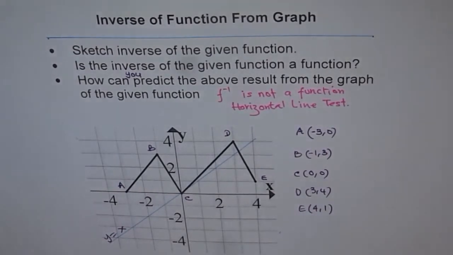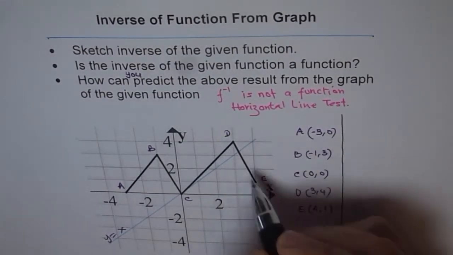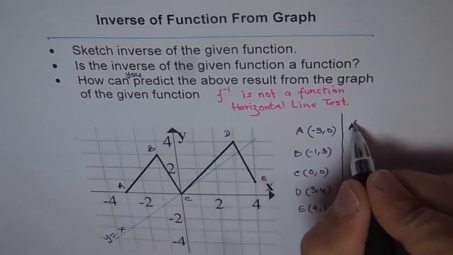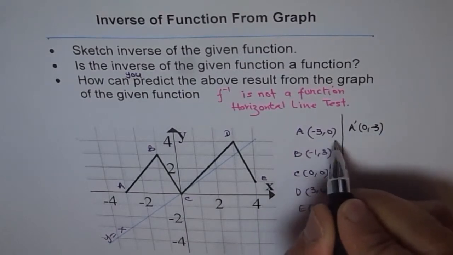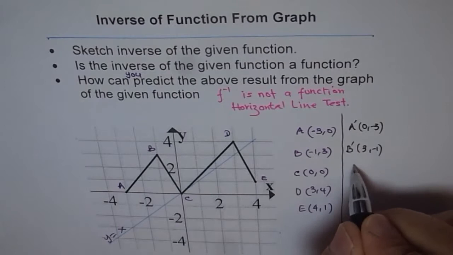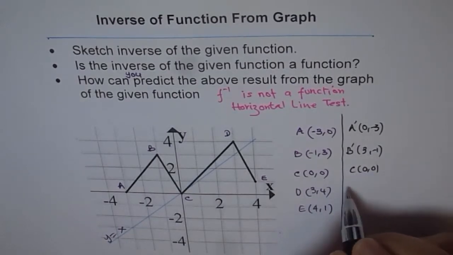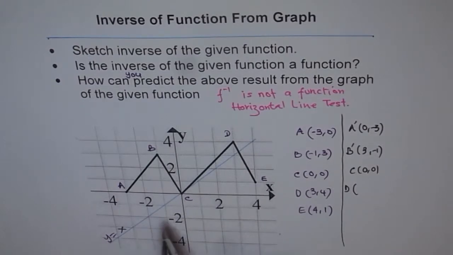Now if you have to find the inverse of the function, what you need to do is flip the points. So we'll say f inverse, we'll denote it by dash, A dash will be 0, minus 3. So we interchange x and y. B dash will be 3, minus 1. C dash will be 0, 0. The points which don't change are called invariant, and they will lie on our line y equals x.